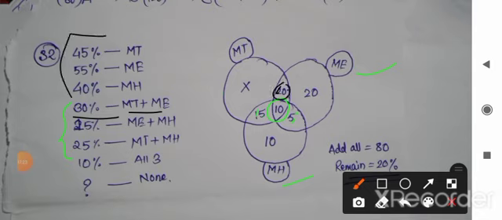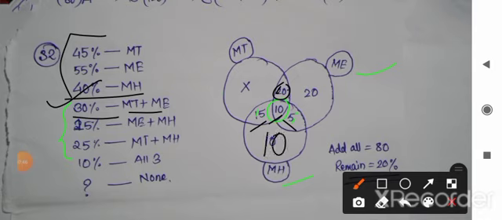Okay, now solve this one. Like 40% of Herald, see how you have to do it: 15 plus 10 is 25, 25 plus 5 is 30. Here it is asked 40, so 40 minus 30 is equal to 10, so we'll put 10 here.